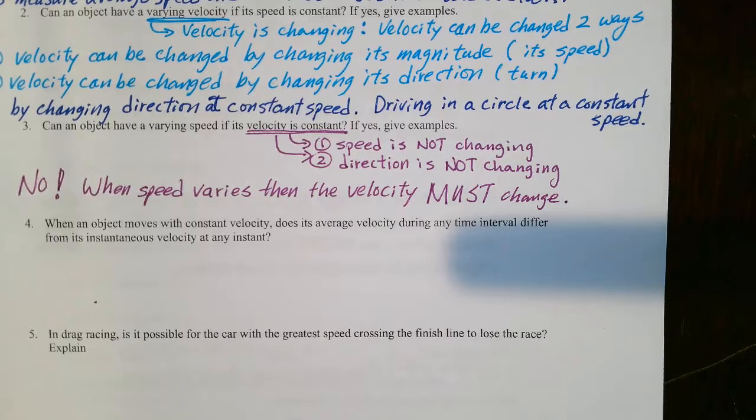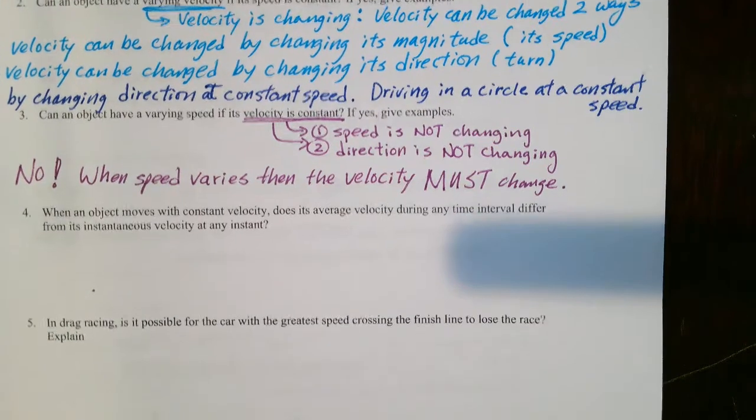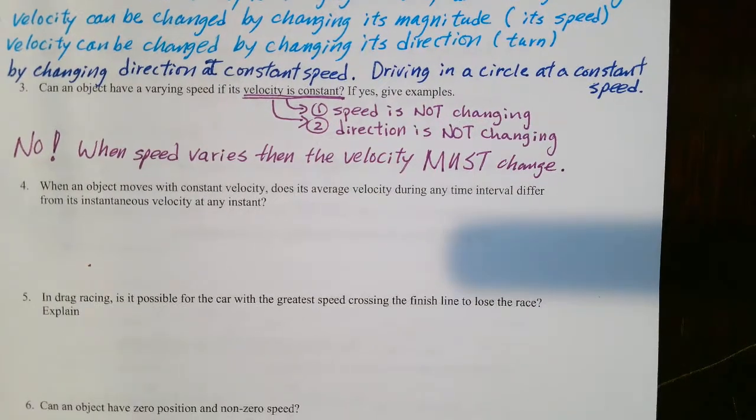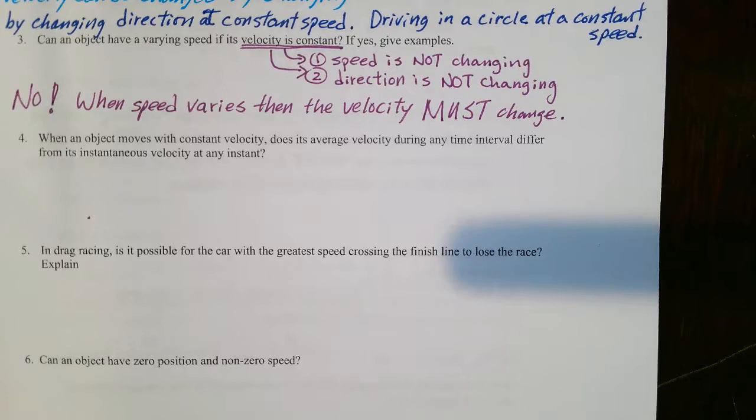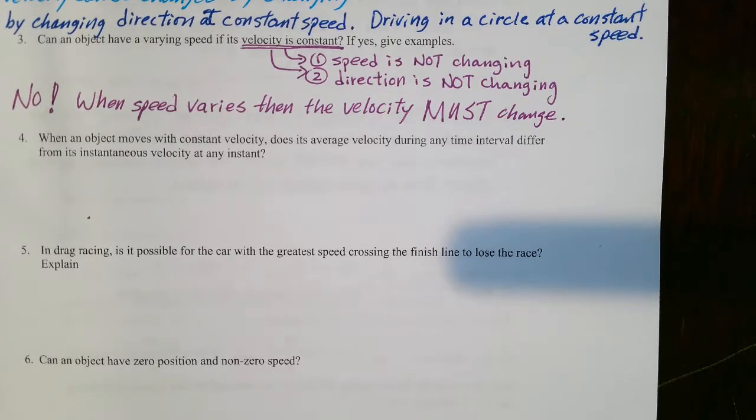All right. What about number four? When an object moves with constant velocity, does its average velocity during any time interval differ from its instantaneous velocity at any instant? Well, let's think about that.